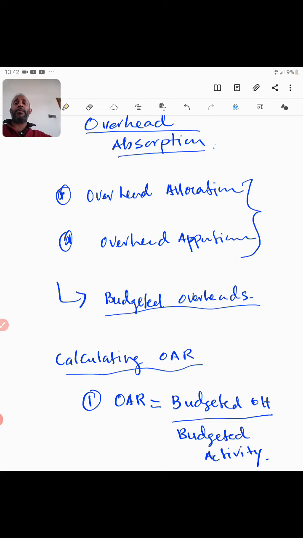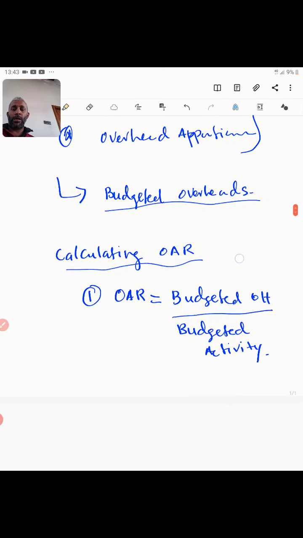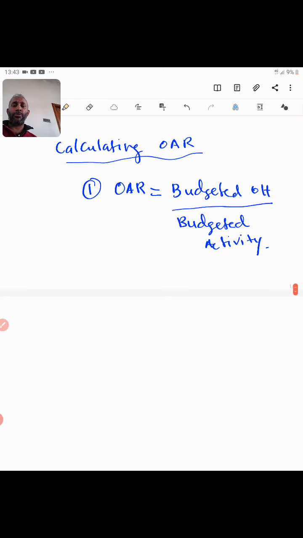Once that is done, then if we have any overheads on service departments like canteen, stores, maintenance, we then have to reapportion them back to the production department using various other methods, which is a separate discussion topic. Once you complete that, we arrive at total budgeted overheads for the different cost centers, production centers. Now on that, we will then have to calculate the overhead absorption rate.